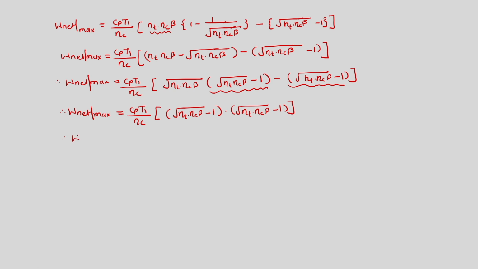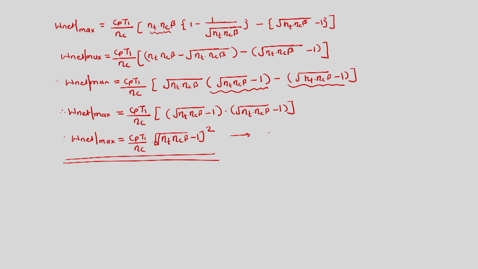So we basically are having eta t eta c beta, so it is square root of eta t eta c beta minus 1, bracket square. So this is the formula for maximum net work under the fact that we have optimum compression ratio.